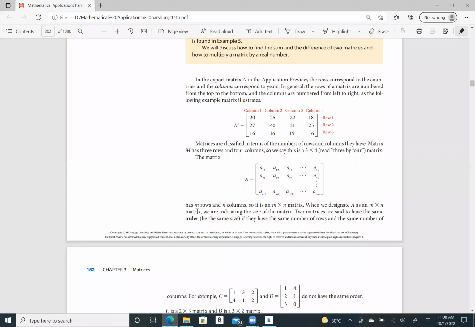Kita baca ni, M row. There will be M rows, and then there are N columns. So we call it, the size of the matrix is M by N.